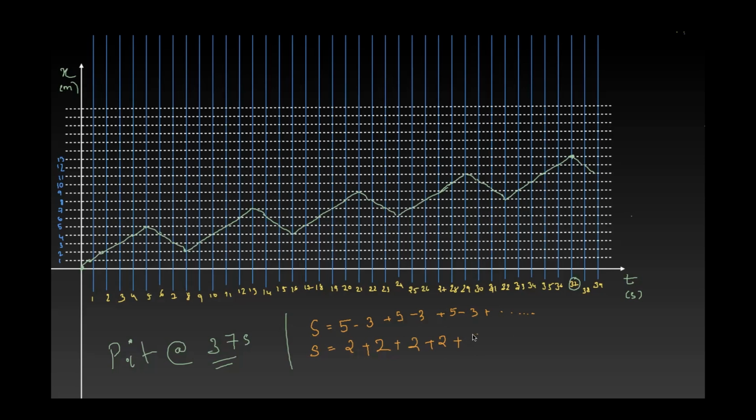If he goes up by 5 steps, now calculate the displacement. You are getting it as 13 meters. Clear? So you have got 13 meters he has traveled.